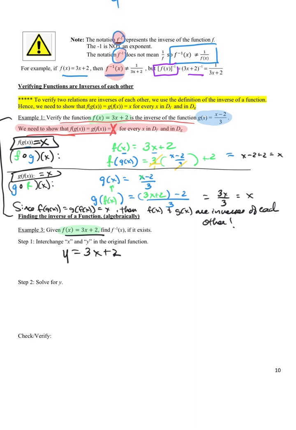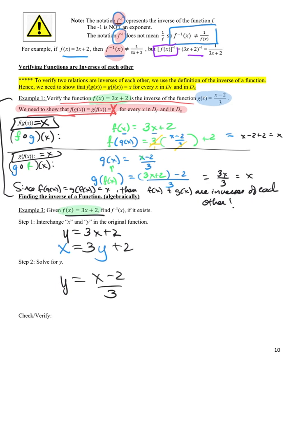So the first thing we do is we interchange those x and those y values. So y becomes x, x becomes y. We solve for y, and what do we get? What do we get? x minus 2 over 3.